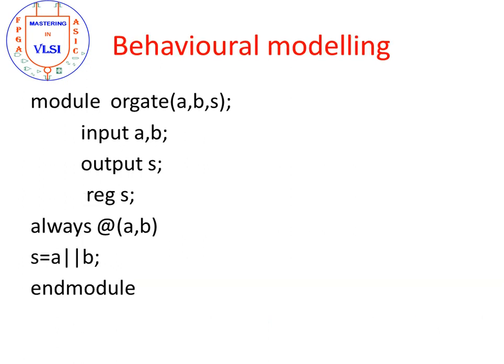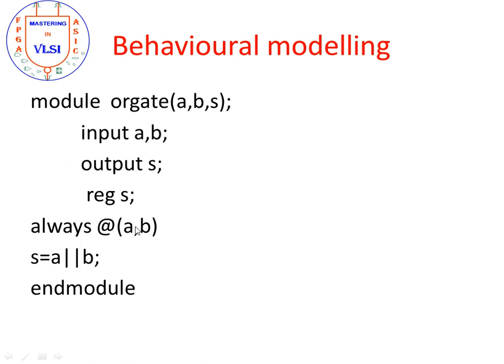Next one is behavioral modeling, the module OR gate ABS. Input A comma B, output is S. Reg we are declaring as a register. An always block will be used for any kind of behavioral modeling. The meaning is, for any kind of sequential design we have to use the always block. Here the A, B signals are inside the brackets.